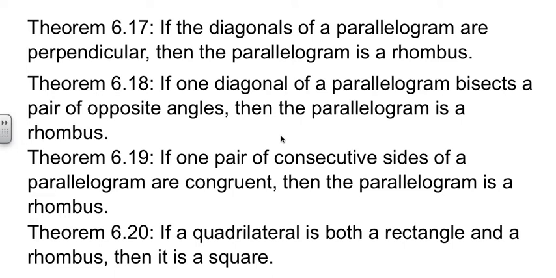If you're starting from a parallelogram and one diagonal bisects both opposite angles, then you have a rhombus. If one pair of consecutive sides of a parallelogram are congruent, then you have a rhombus. And if a quadrilateral meets the description to be a rectangle, and it also meets the description to be a rhombus, then you have a square.